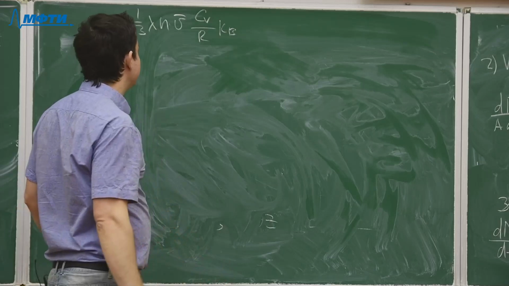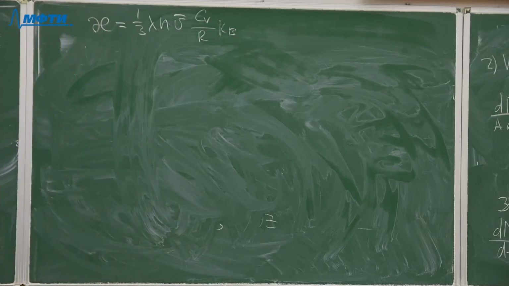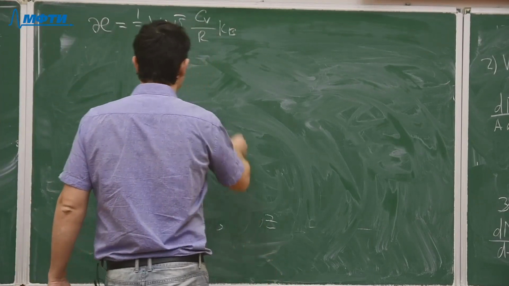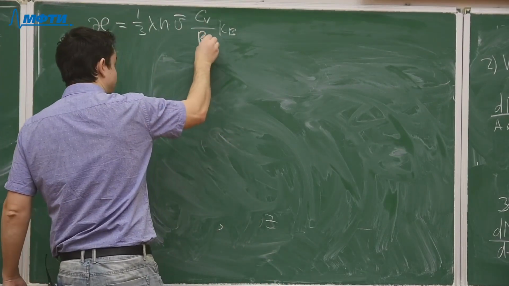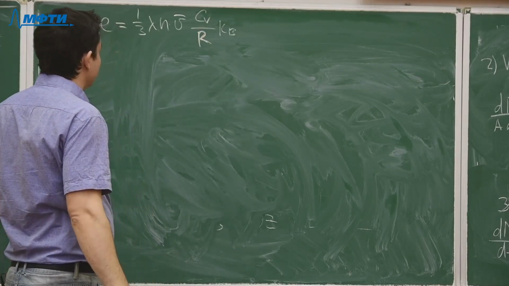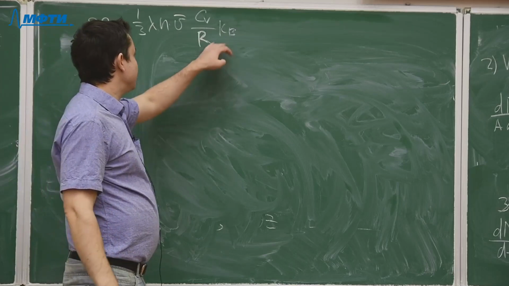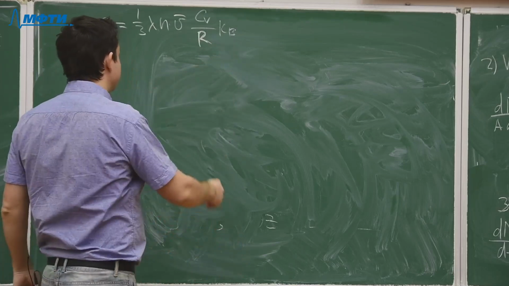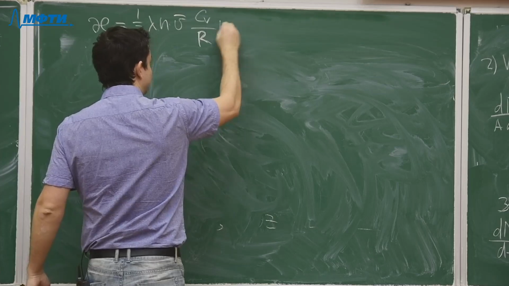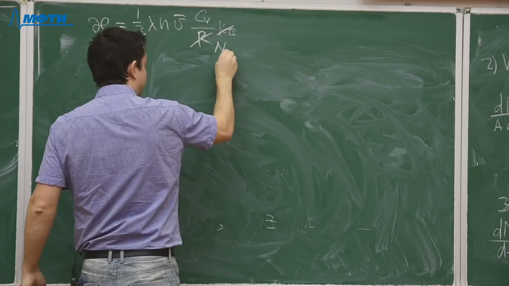Now, that doesn't look like a very beautiful equation, but it can be made better. As you see, the ratio of Kb over R actually equals the Avogadro number. So I can go like this.